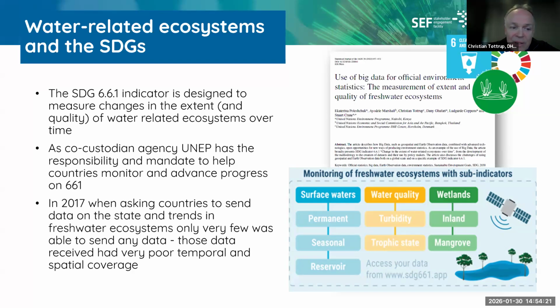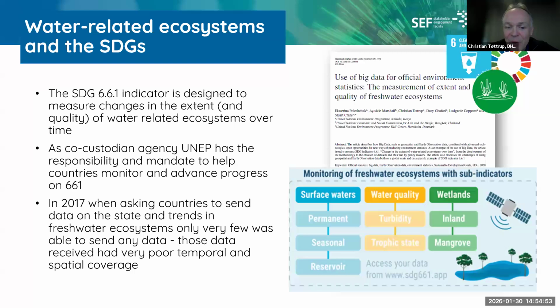As with the other indicators, a UN agency has a custodian role in terms of helping countries to monitor and advance the progress on the indicator. So back in 2017, when the first SDG data drive was launched, the UN Environment Program, who is the custodian for the indicator here, reached out to countries and asked them to feed back on the state and trends in freshwater ecosystems.